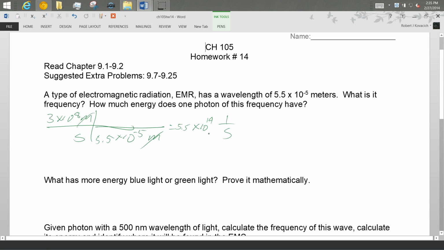That sounds good. No, I'm pretty sure it's 14. My calculator is spitting out 12, so I don't know what's going on. Are you using E or are you using times 10? I'm doing 10 carry. Try punching in 3E8 divided by 5.5E negative 5.